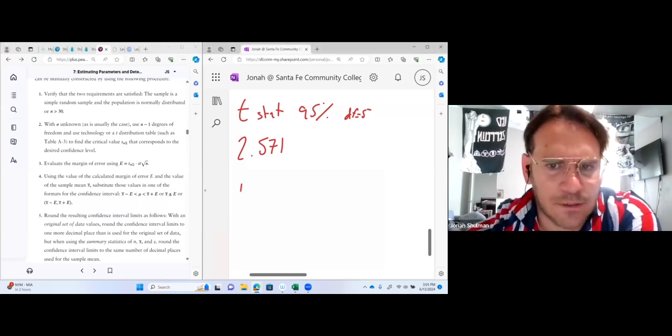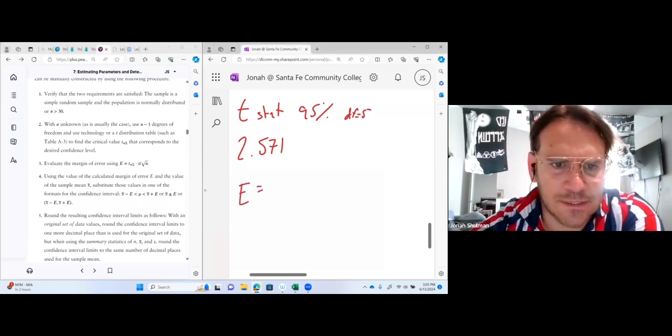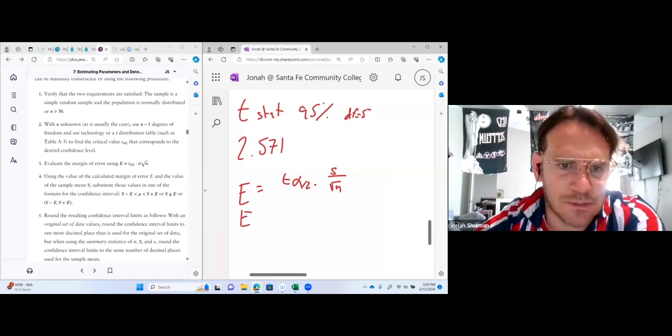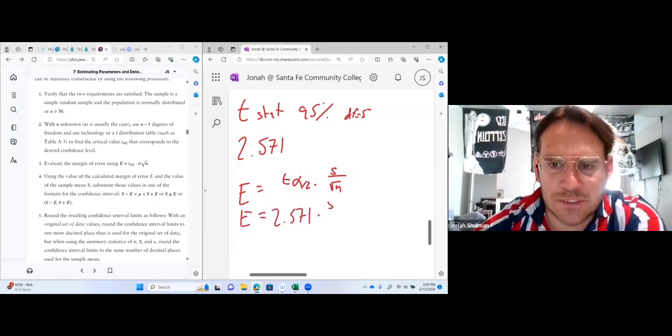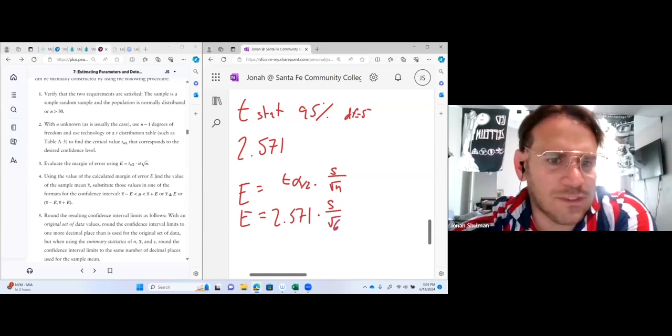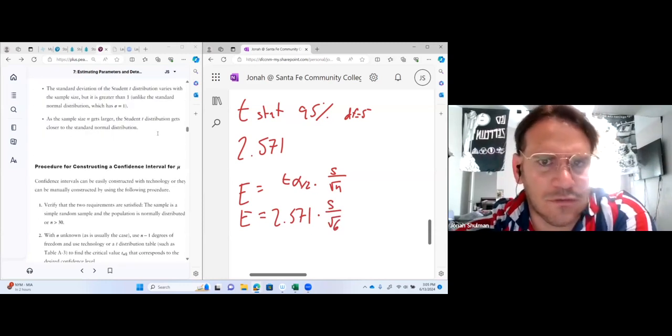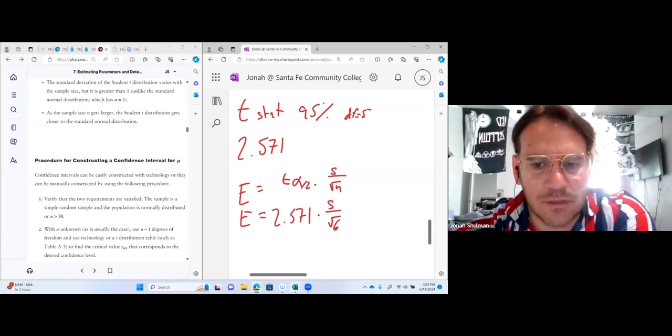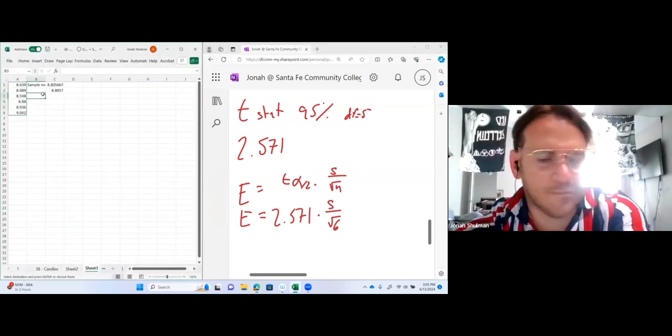Get the error. It's going to be our t statistic times the standard deviation over the square root of n. So our error is what? 2.571 times the standard deviation over the square root of 6. What's our sample standard deviation? Well, if we don't know it, that's okay. We can just get it.